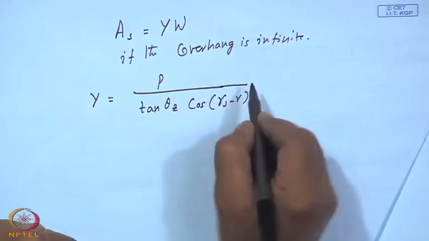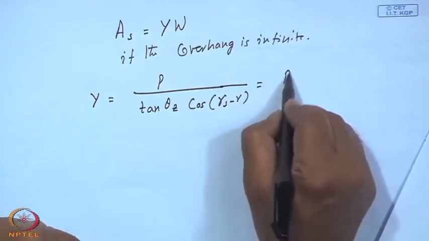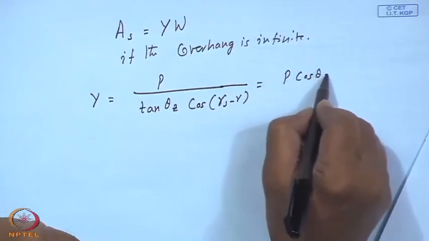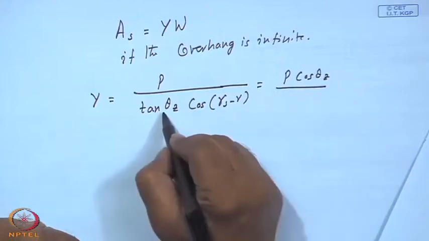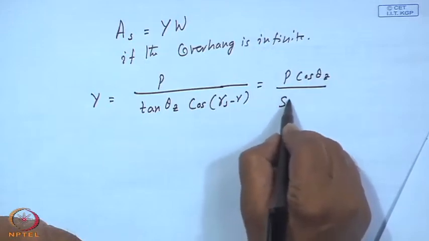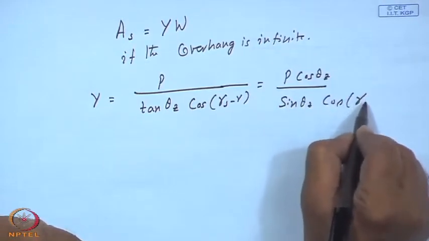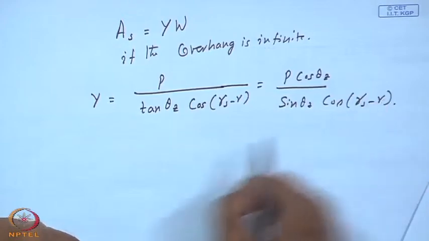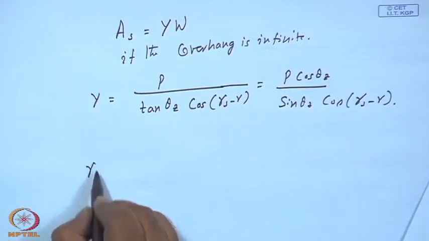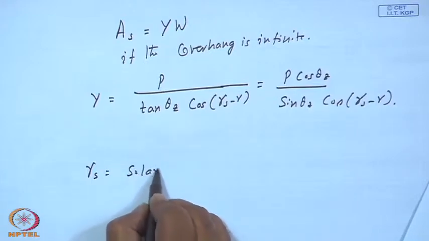I shall explain, which you can easily figure out from the trigonometry: P cos theta z, because this is sin theta z by cos theta z, it goes up. So, this is your sin theta z into cos of gamma s minus gamma, where gamma s is the solar azimuthal angle.